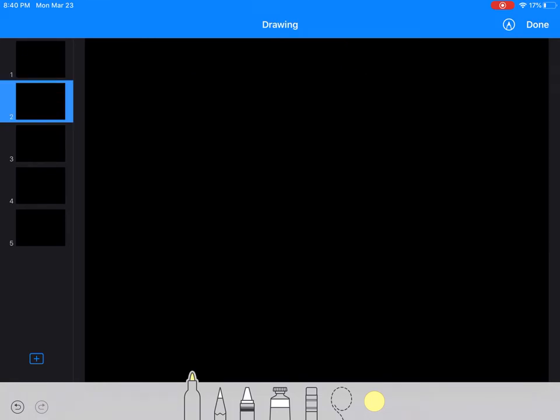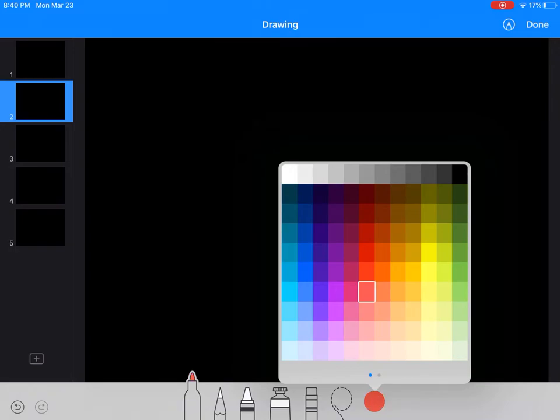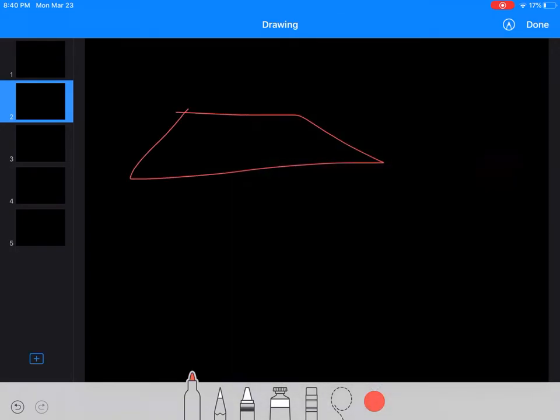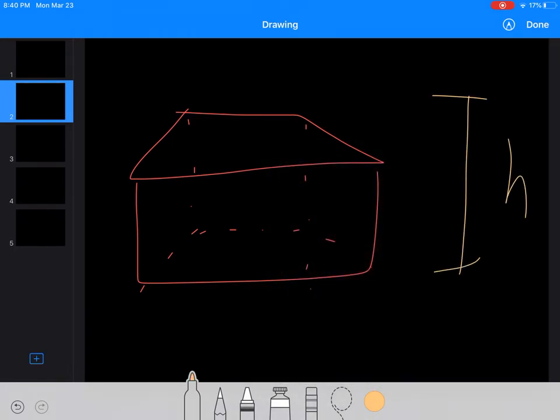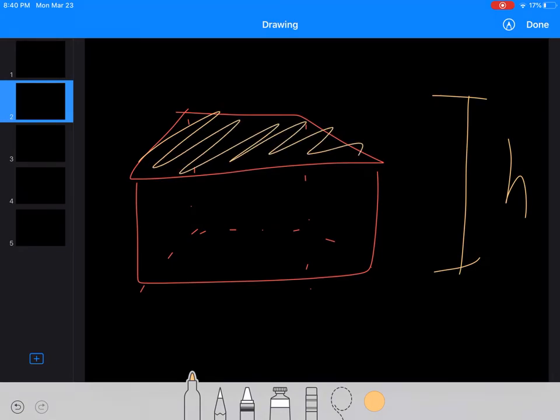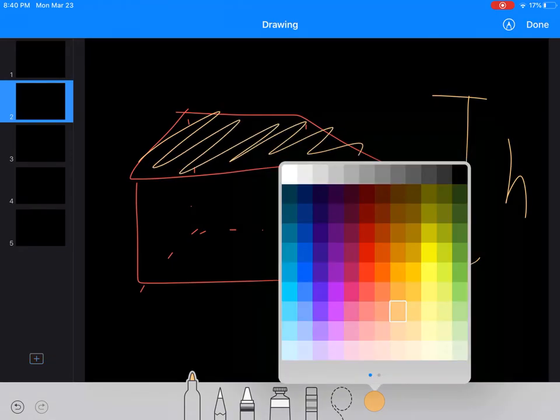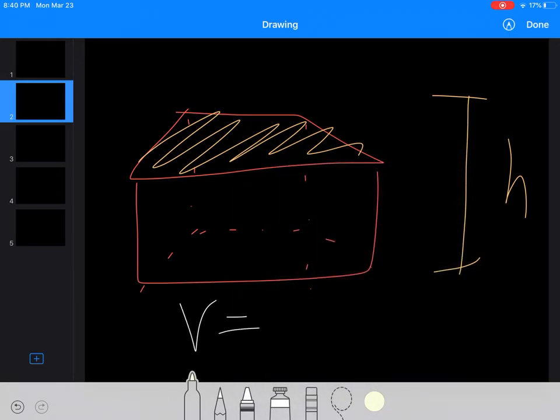So let's say we have a trapezoidal prism. Okay, so we have a height here, and we have our base. In general, it's the same formula, so the volume is capital B times H. In this case, capital B is just the area of the base, and it's a trapezoid.